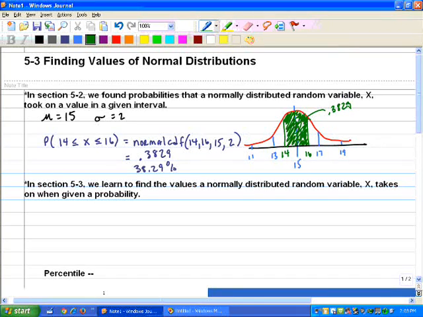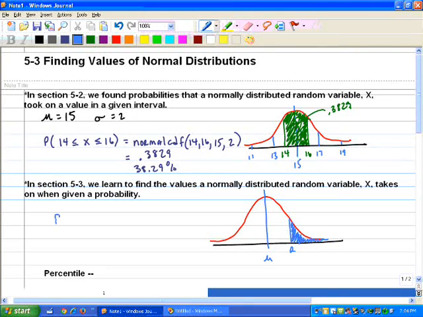In section 5.3, we're going to learn to find values on the x-axis for a normally distributed random variable x when given certain probabilities. For instance, if we were given a random variable x that's normally distributed, and given the mean, and we were given the probability that x is greater than or equal to a certain value a.